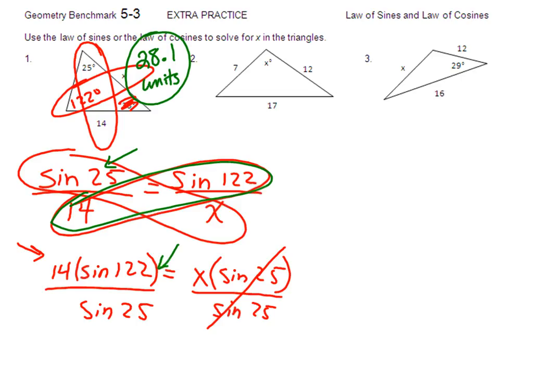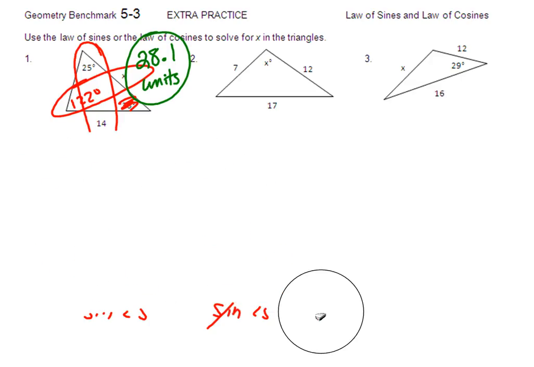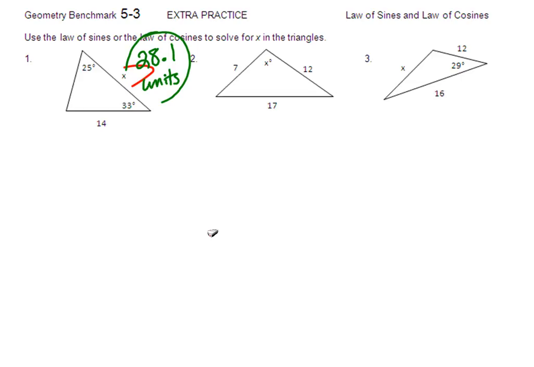Now the next two problems are the law of cosines problems. I'm going to erase this. I'll erase that mess there. The law of cosines looks like this, so write this down because I'm probably going to erase it at some point. X squared is what we call the two sides next to it, like the 7 and the 12. Well, I guess formula-wise, I'll write c squared there.